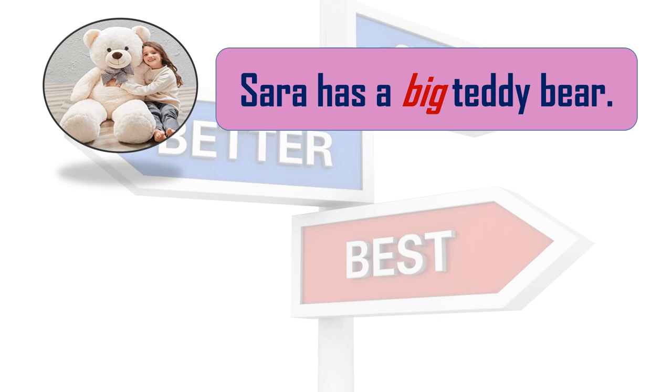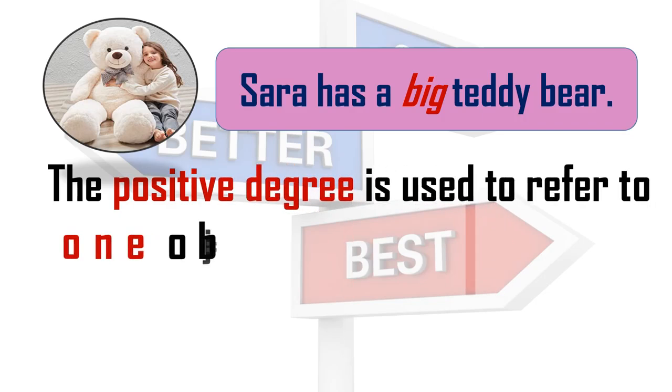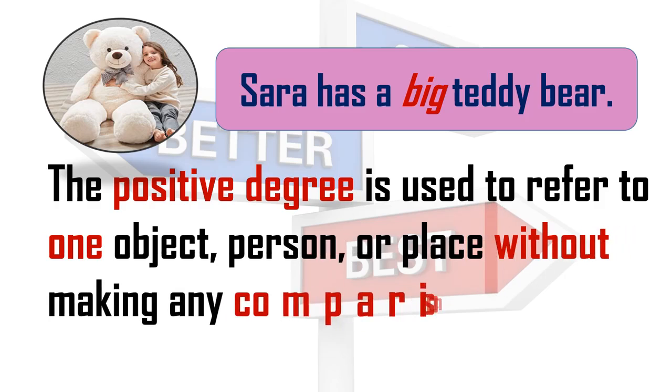Sarah has a big teddy bear. We have seen that it is in simple form, so it is called a positive degree. And the positive degree is used to refer to one object, one person or one place without making any comparison.